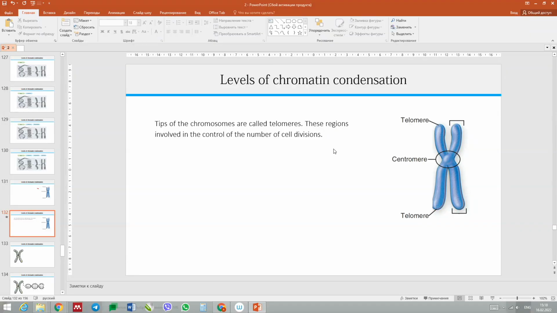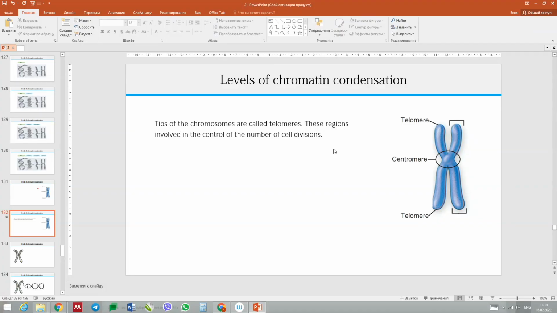So, tips of the chromosomes are called telomeres, and these regions are involved in the control of the number of cell divisions. One of the interesting tricks played by nature is that with each division, the telomeric region of the chromosomes becomes a little bit shorter.